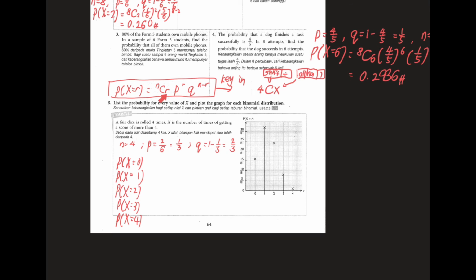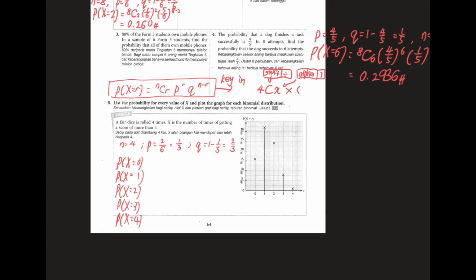4Cx multiply. So we put multiply. My calculator will show something like this. The x they put in this way. Then after that I say multiply, right? Multiply they put in this way. 4Cx multiply p, which is 1 over 3.